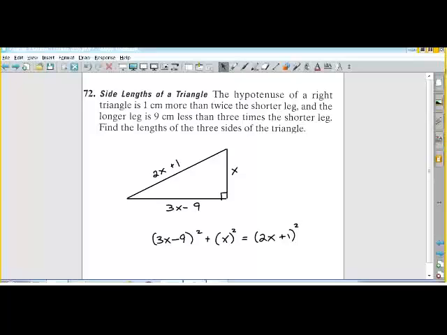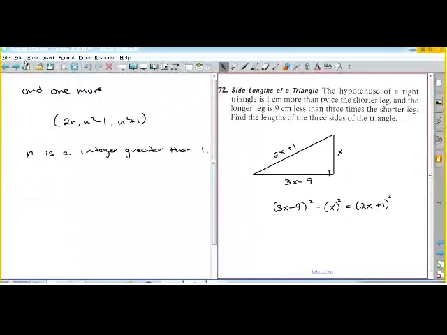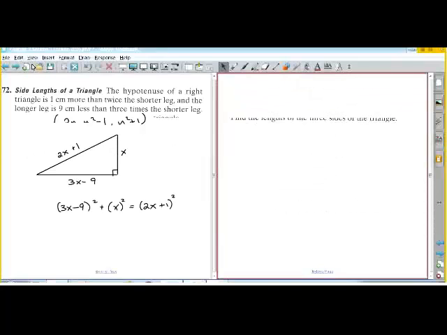What we're going to do is multiply everything out and combine all the like terms. We're going to end up with a quadratic equation, which we then have to solve however we want. We could either factor it or use the quadratic formula. I think we can factor it based on what I remember.